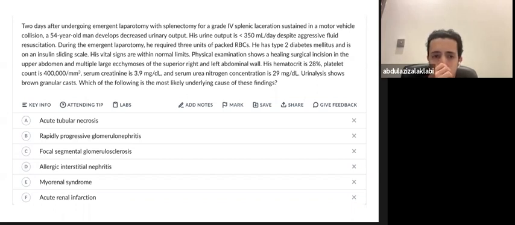To my knowledge, it's a degeneration of the casts themselves, composed of hyaline. Hyaline casts are seen in a normal person. Okay, it's a non-specific finding.